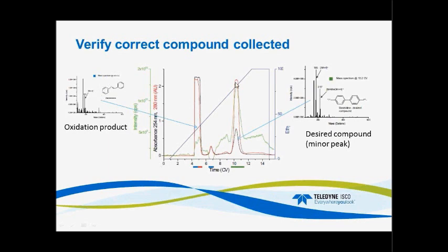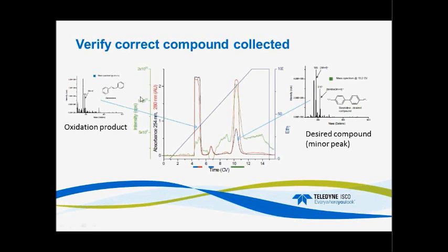As you can see at the mass spec, we got a very nice strong signal here, a somewhat weaker ionization signal here. But it was very easy and quick to find the compound of interest and separate that out, in this case the green band, from an oxidation product that was not my peak of interest.